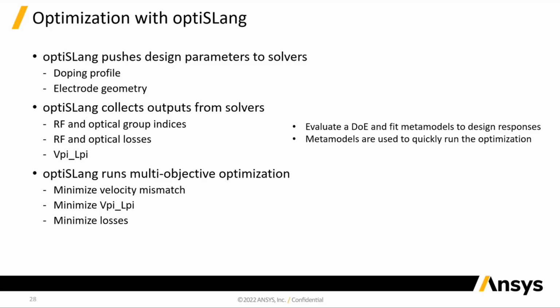There are some files we need to import to optiSLang: the doping file and the electrode geometry file. optiSLang will output the radio frequency and optical group index, the loss, and the BPI and LPI files. So we can run the multi-objective optimization to get the minimized velocity mismatch, BPI, LPI, and the loss.